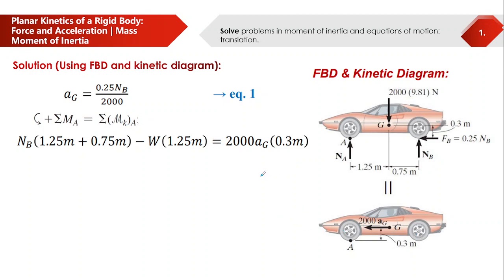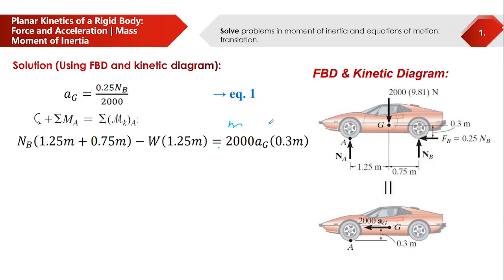So, at point A, right? Kinetic moment at point A. So that will be 2000 a sub g times 0.3. So this is your 2000 a sub g. This is our kinetic moment formula. That will be the mass.